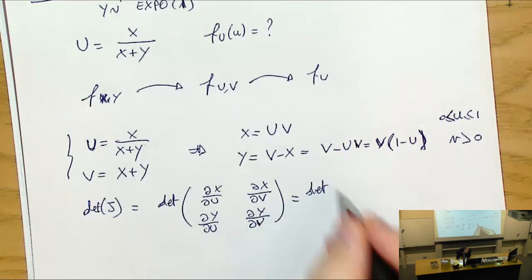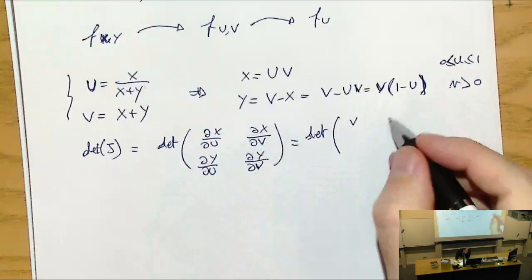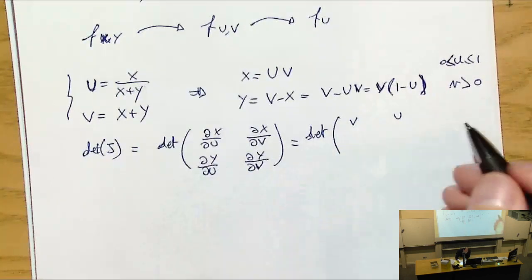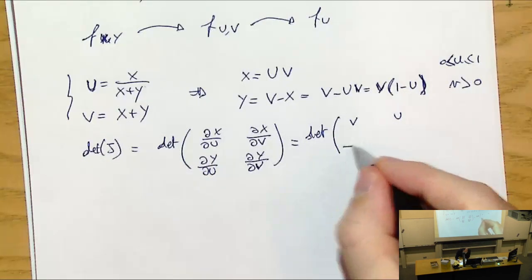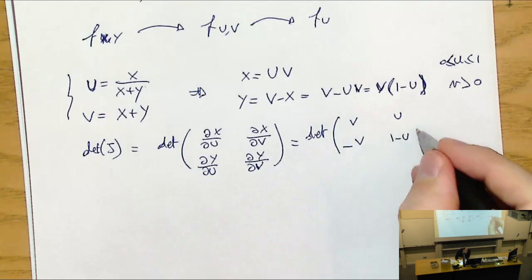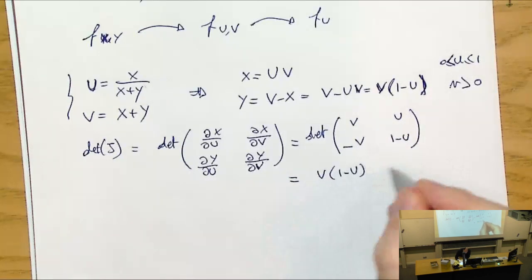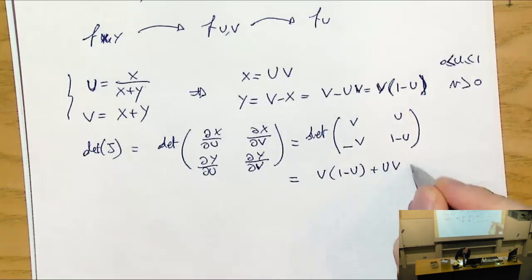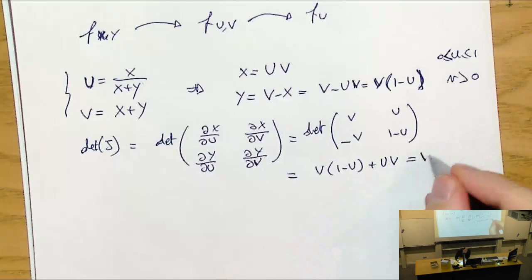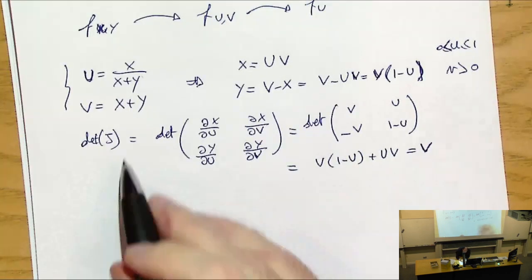So that's the determinant of dx/du, that's v, dx/dv, that's u, dy/du, that's minus v, and dy/dv is 1 minus u. So this is equal to v multiplied by 1 minus u plus uv. This is equal to v. So the determinant of J is equal to v.